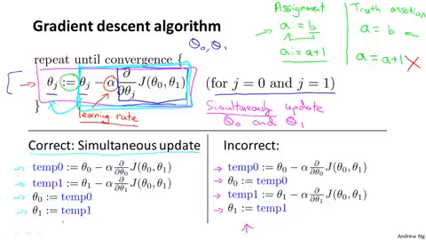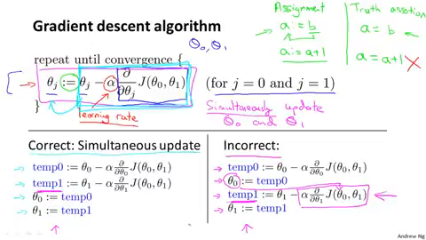And the difference between the right-hand side and the left-hand side implementations is that if you look at this step, if by this time you've already updated theta 0, then you would be using the new value of theta 0 to compute this derivative term. And so this gives you a different value of temp 1 than the left-hand side, right? Because you've now plugged in the new value of theta 0 into this equation. And so this on the right-hand side is not a correct implementation of gradient descent.